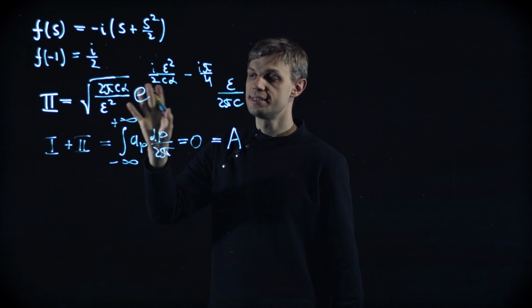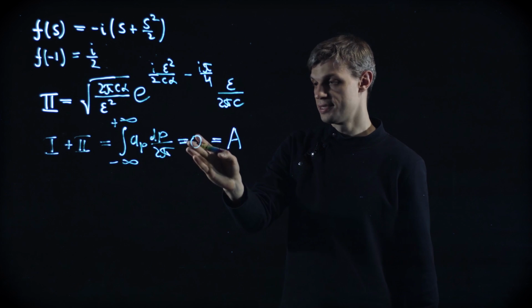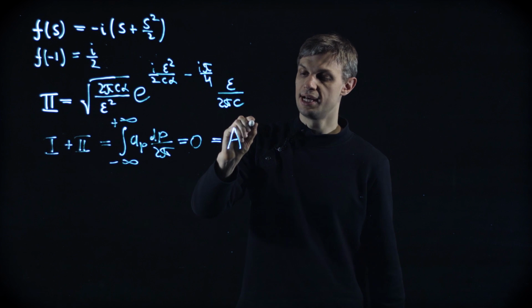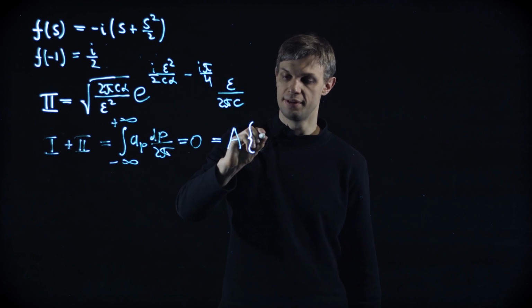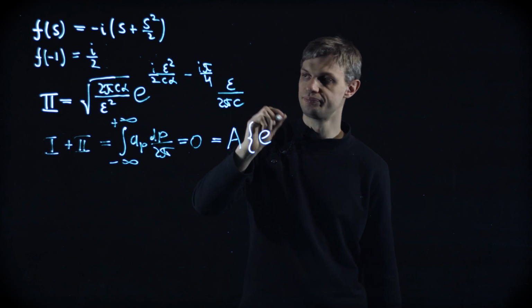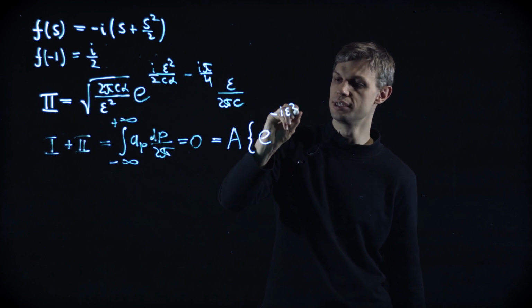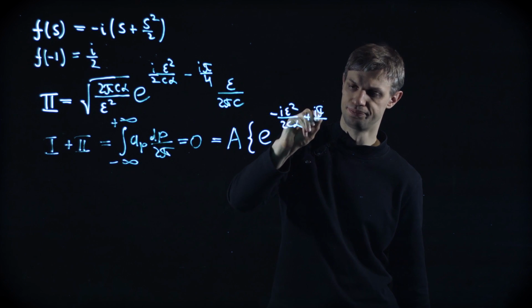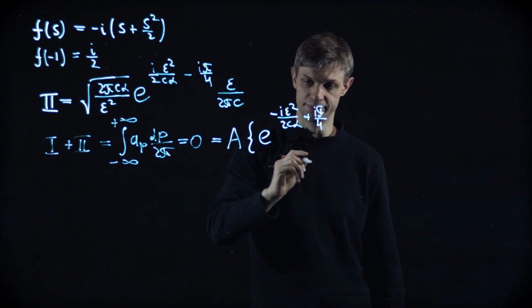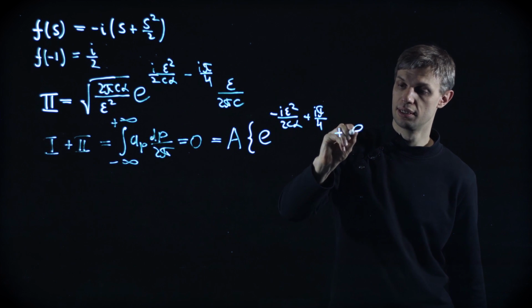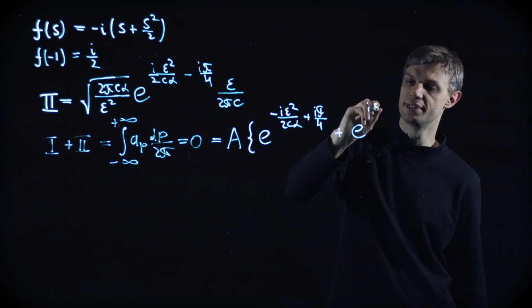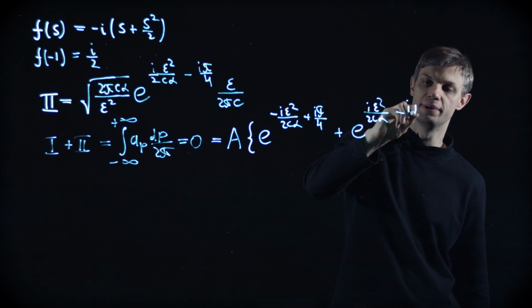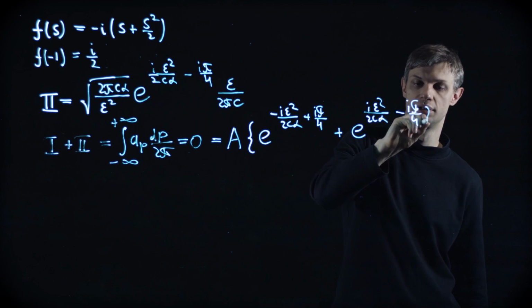This prefactor is essentially irrelevant because the left-hand side is going to be equal to 0, right? So it's simply some constant A times the sum of these two exponentials. The first one is minus i epsilon squared over 2C alpha plus i pi by 4. And the second one is here, right? Okay, so it's i epsilon squared over 2C alpha minus i pi by 4.